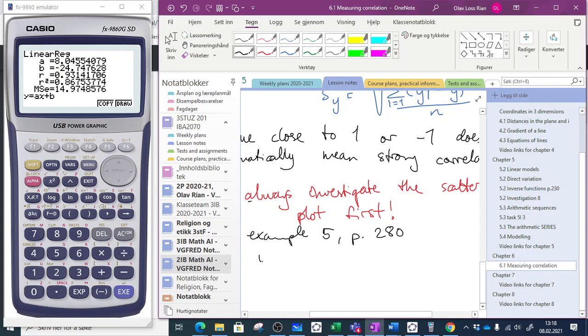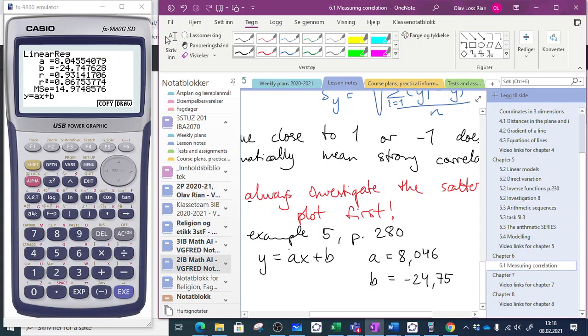A regression line is a straight line, so it's going to be of the form y equals ax plus b. And these coefficients, these numbers a and b, are calculated for us. So a is equal to 8.046, more or less, and b is equal to minus 24.75.